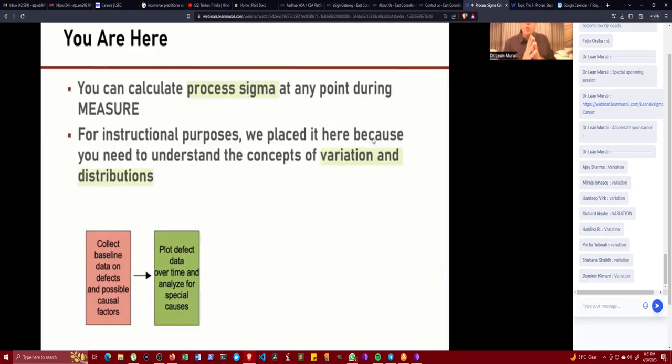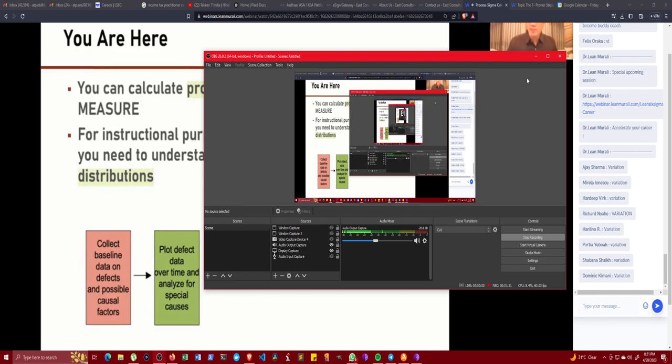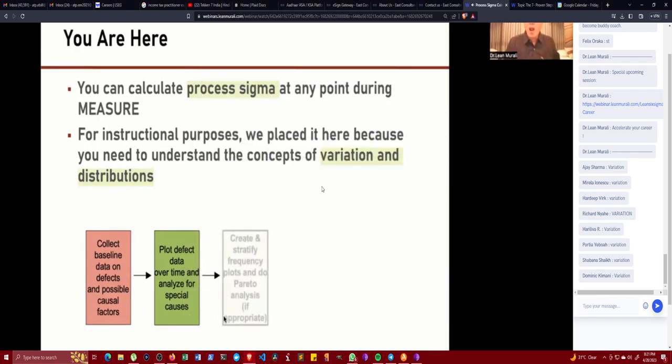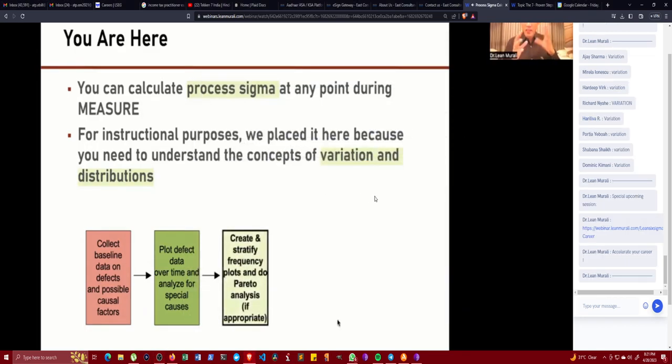In the earlier session, we spoke about special causes and common causes. And in the previous modules, we have extensively spoken about frequency diagrams and Pareto analysis.